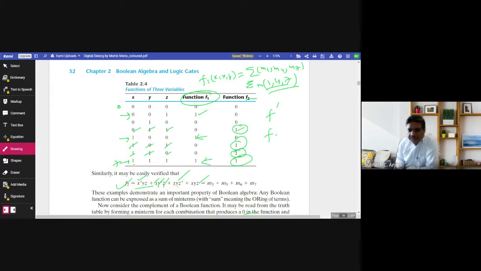If we write F1 simply, we look wherever the function gives 1. To write the function in complement form, from the truth table we look where F1 is giving logic 0. At this place, this place, this place, this place, this place. How many places? 1, 2, 3, 4, 5. So 5 places.